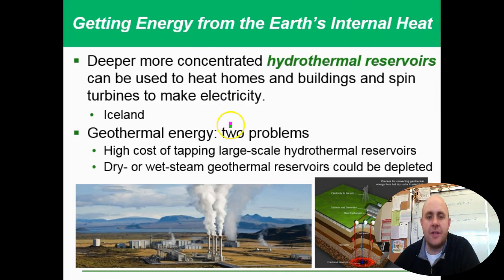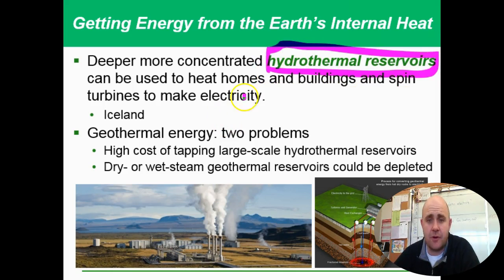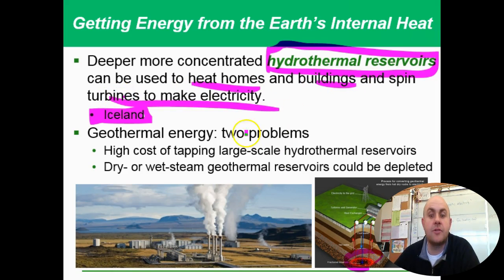We can also go a little bit deeper, so we can use hydrothermal reservoirs. These are places that are deeper underground that are really kicking hot, like Yellowstone. And so Iceland's a good example of this. In Iceland, we can utilize this heat that's far underground here to heat the homes, heat buildings, or actually turn turbines and create electricity. And so the most active place for that in the world is in Iceland.